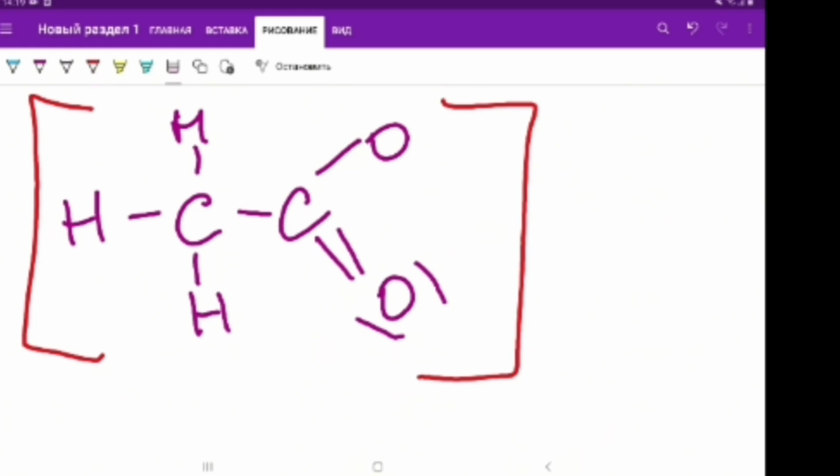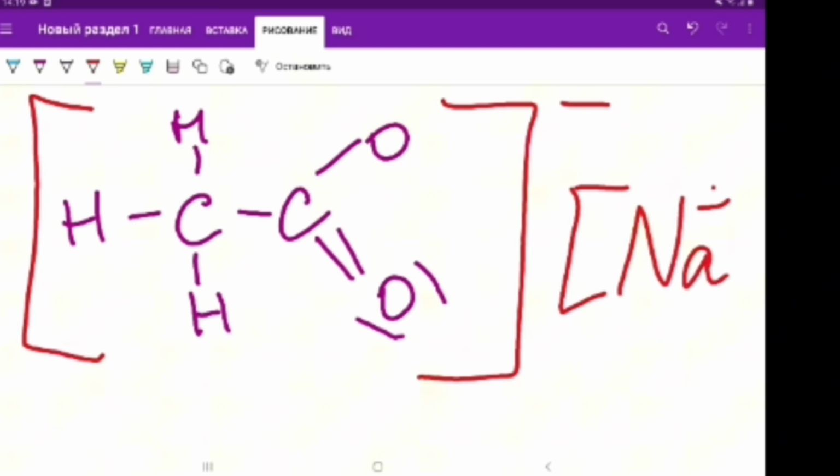We put it out of the bracket here, minus. This will have a negative charge. And then, as we said, sodium plus will join here, plus. So stable charge is usually drawn inside of the bracket. Non-stable charge, jumping charge, is written out of the brackets.